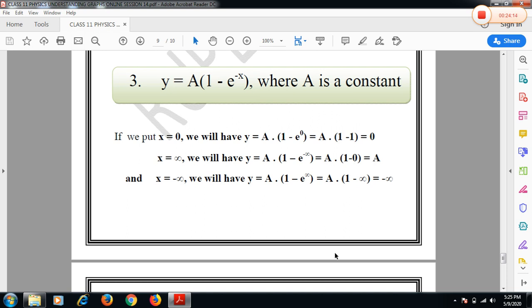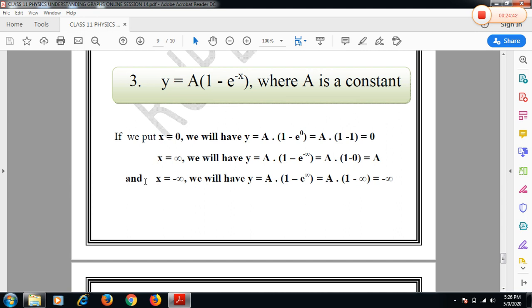At x equals infinity, we will have y equals a into 1 minus e to the power minus infinity, which is a into 1 minus 1 by e to the power infinity, that results in a into 1 minus 0 equals a.